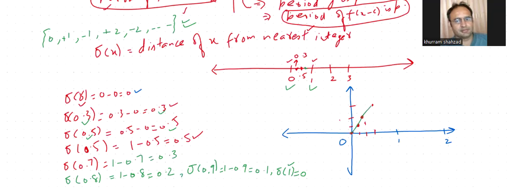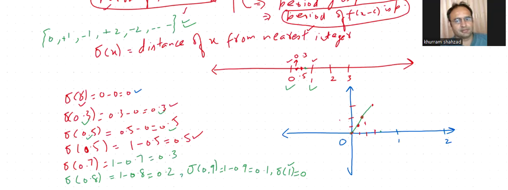Now if you move to 0.7, its value is 0.3. At 0.8, its value is 0.2. At 0.6, its value would be 0.4.